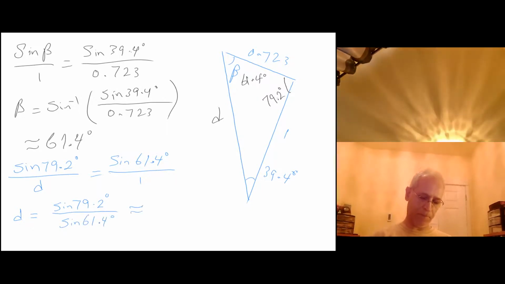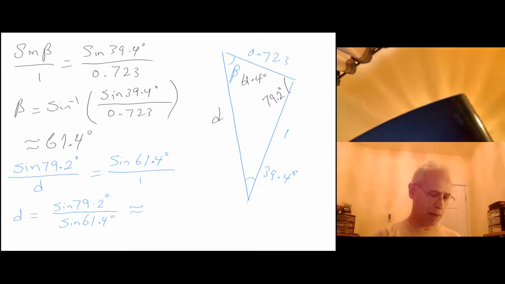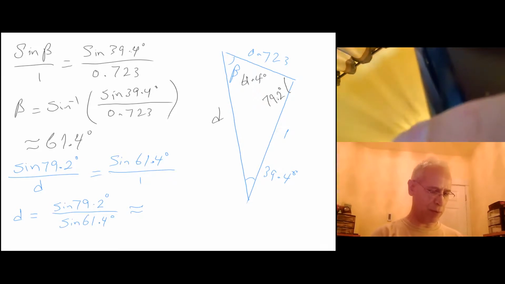Let's see, sine of 79.2 gives me 1.1187.